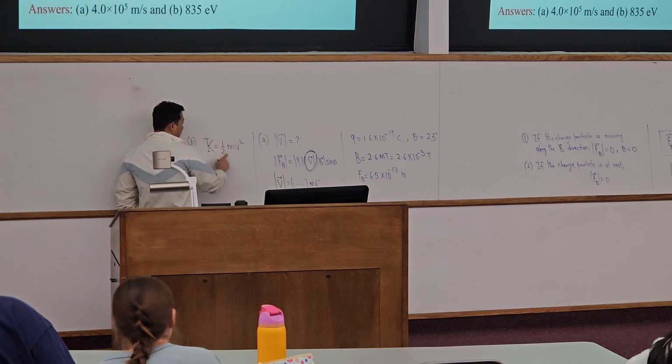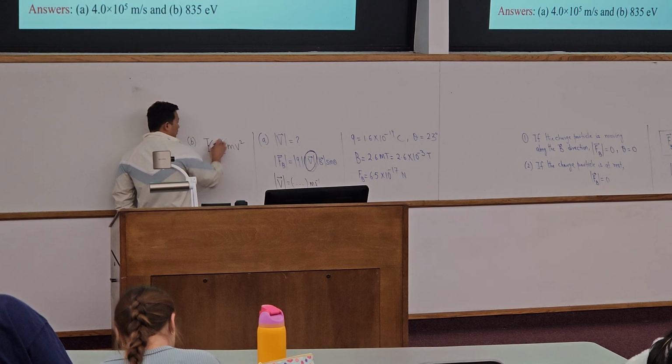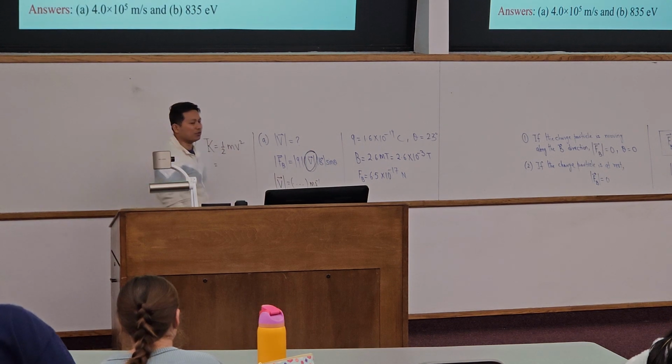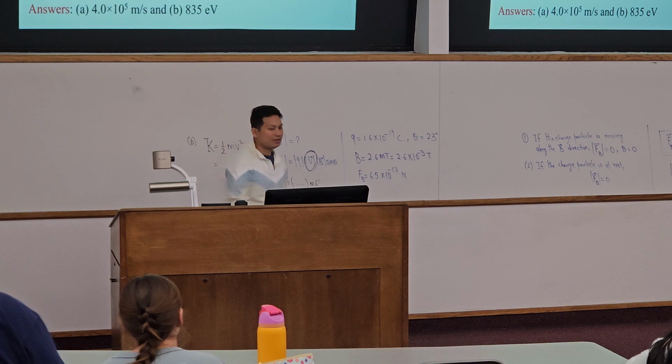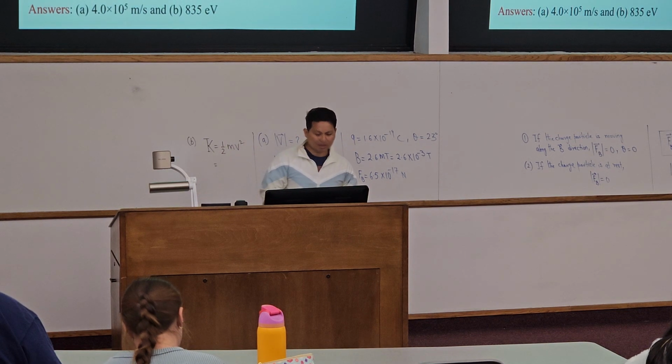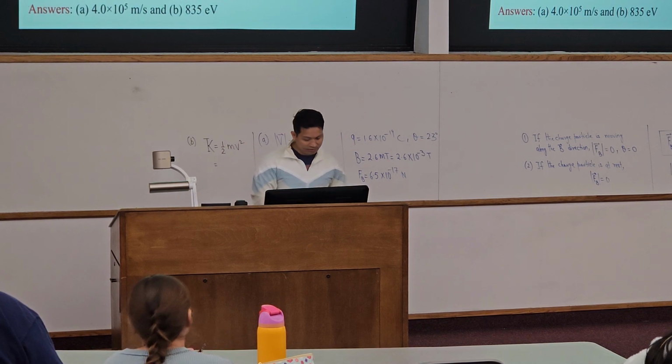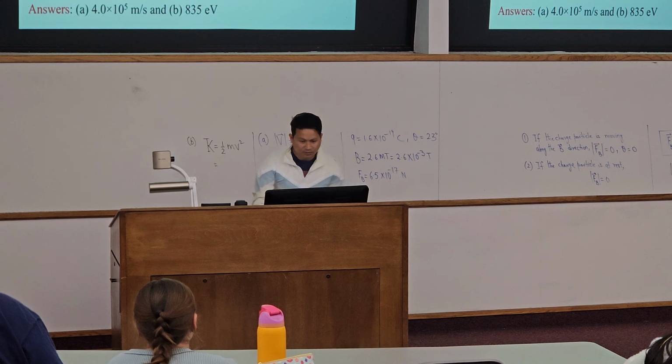So you need this formula to find the kinetic energy, and you need to know the mass of the proton. That's the only thing over here. I also don't know it off the top of my head, so in the exam you will be given it.